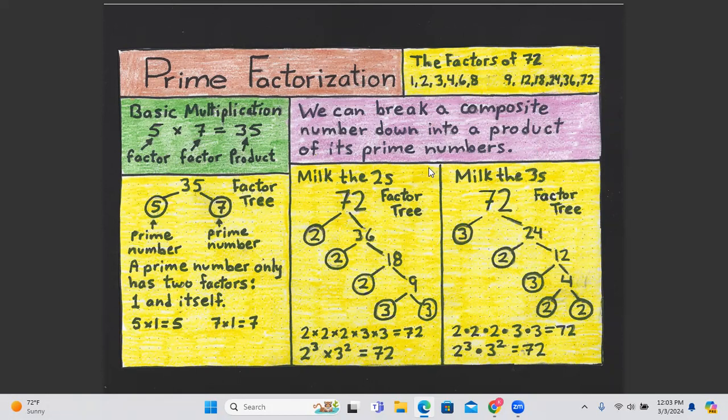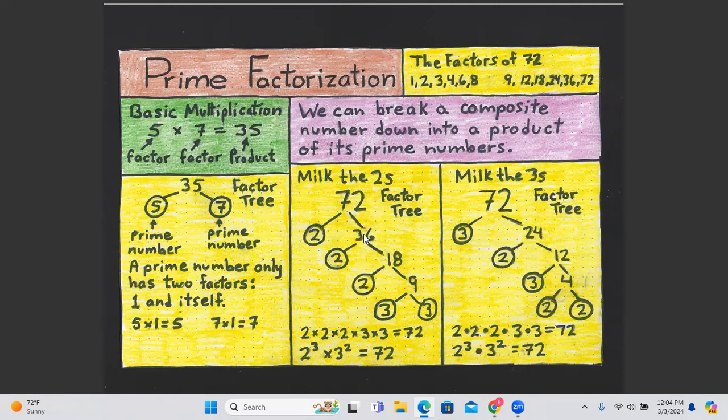But we can break this number down into the product of its prime factors by milking the twos and then milking an occasional three. 72 is an even number, so it's easy to milk out the prime number 2. And we know that 2 times 36 will give us 72, and 36 is right here as a factor of 72. However, 36 is a composite number, meaning that we can arrive at 36 by multiplying multiple numbers to get to that answer.